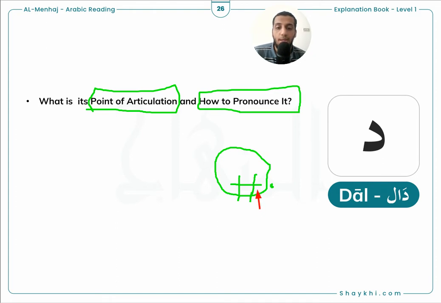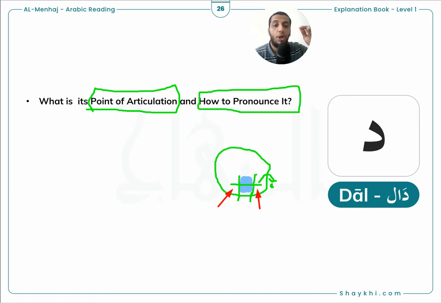This part is called the tip of the tongue, which is nearest to the mouth, while this part is the back of the tongue, which is nearest to the throat. What is in between is called the middle of the tongue.